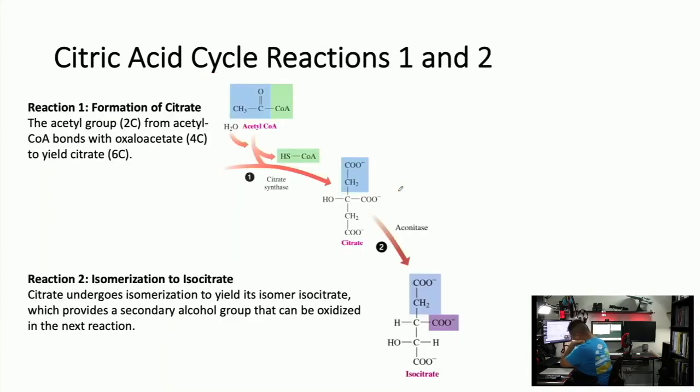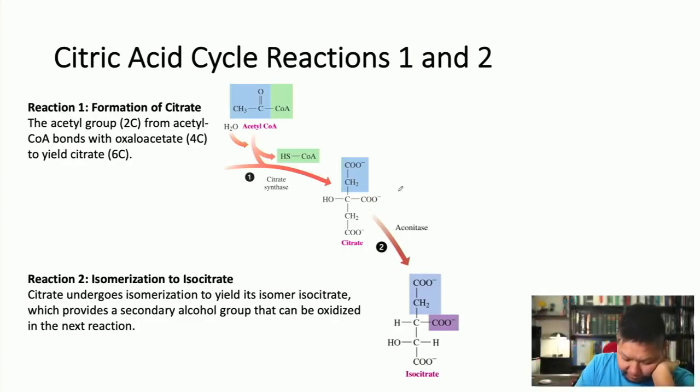In the first step of the citric acid cycle, in reaction 1, we start out with acetyl-CoA, or coenzyme A, along with some water, and it becomes citrate. Okay, so that enzyme is called citrate synthase, right? Remember what I said before? Biochemists are very simple when they name things.